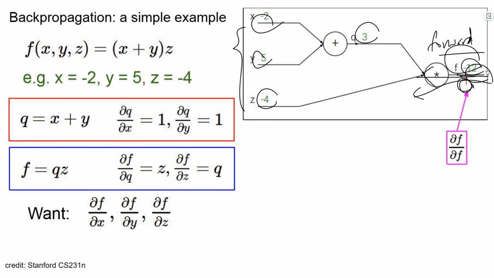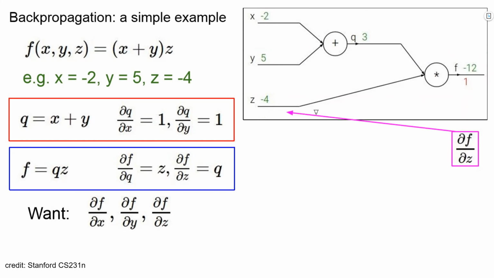So we are starting from the very top, and we need to calculate the gradient or the derivative of f in respect of f, which is 1. And here we want to calculate the derivative of f in respect of z. And how can you calculate this one?